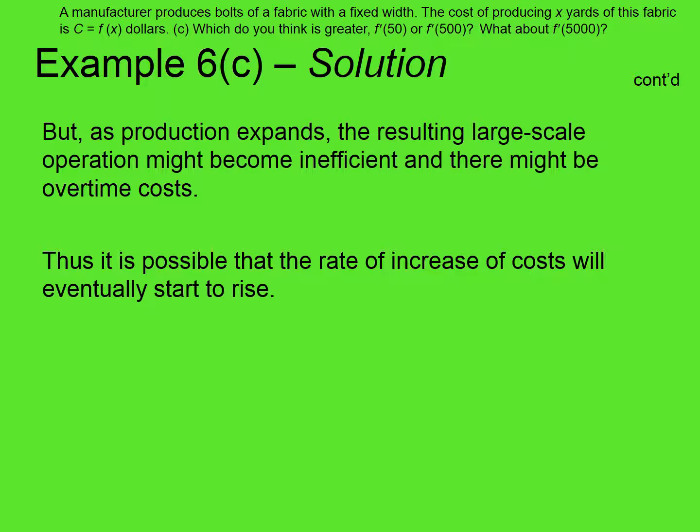We don't really know the details about this production plant. It is possible that the rate of increase of costs will eventually start to rise. So it may happen that f prime of 5,000 is greater than f prime of 500. Overtime costs and other things may begin to change the relationship the other way.